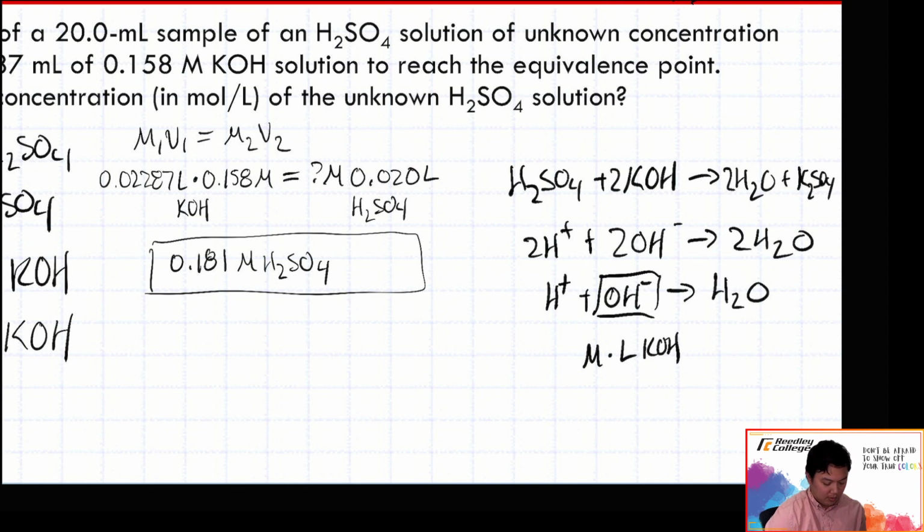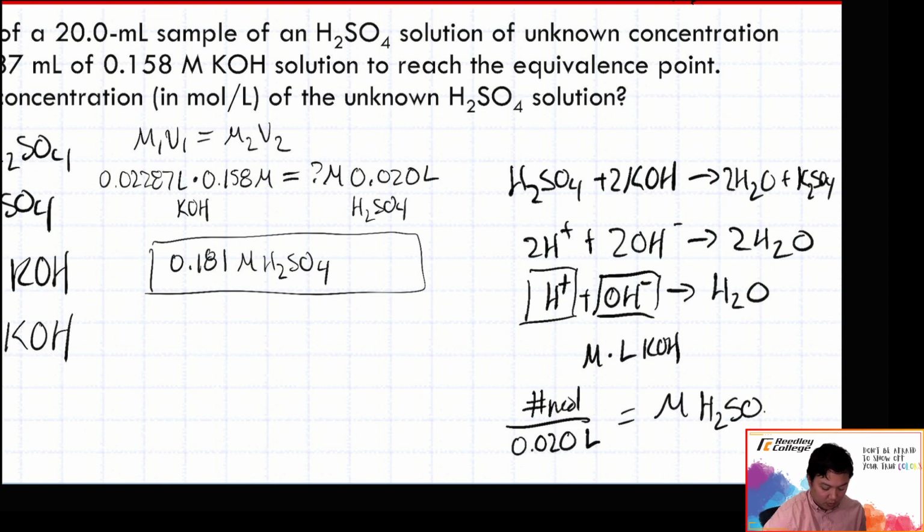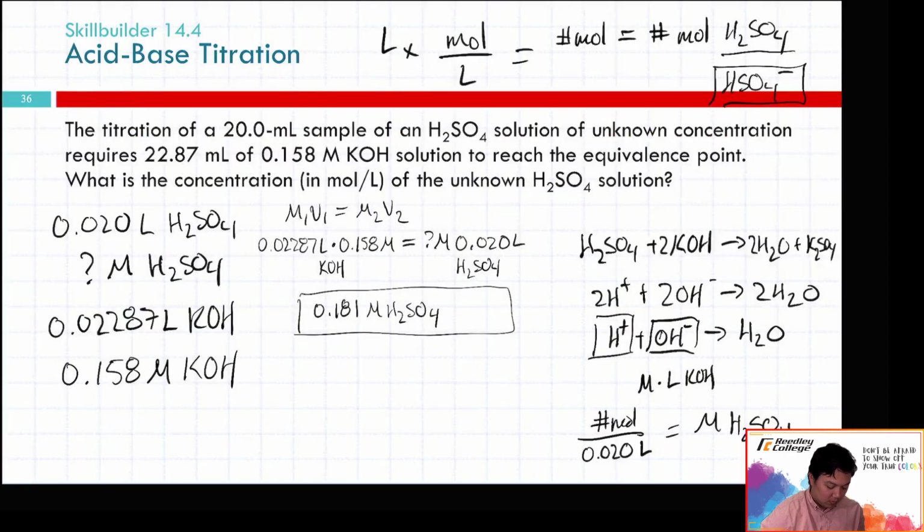So this is a 1-to-1 ratio. And then you would say this is equal to those number of moles. So if I have my number of moles, then I divide by the 0.020 liters to get the molarity of H2SO4. So there's kind of two ways that you can approach this problem.